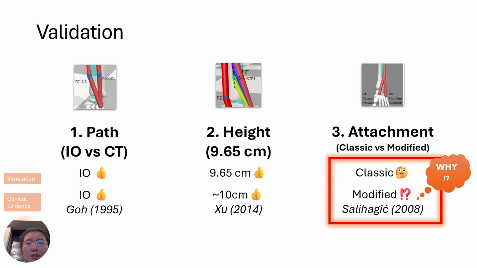However, when it comes to the attachment point, my model favored the classic navicular insertion, but interestingly, clinical studies such as the one done by Selig in 2008 reported better clinical outcomes when using the modified cuboid insertion technique.